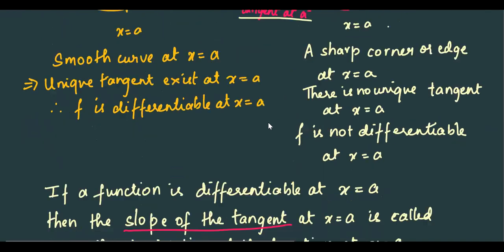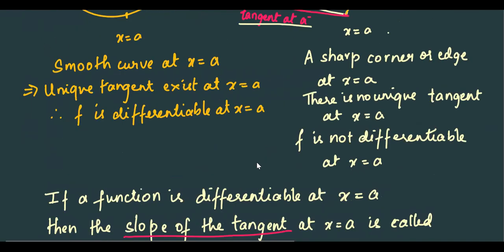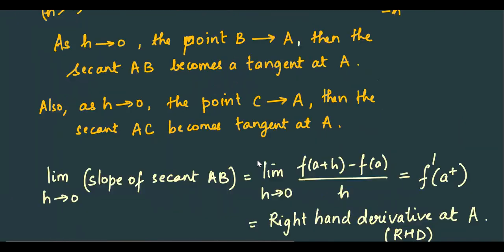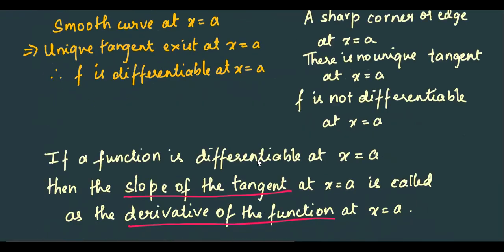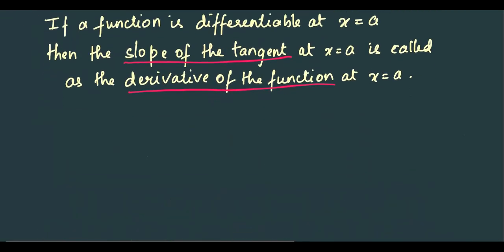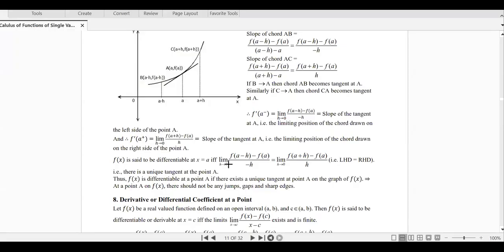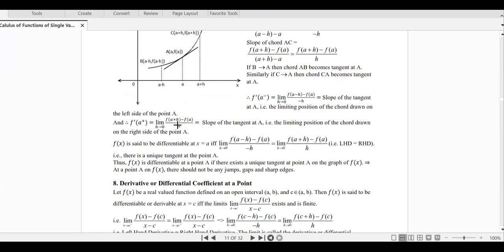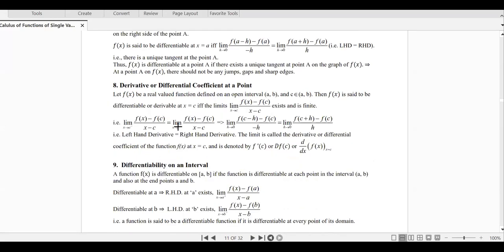All right. So this is about differentiability. I hope it is absolutely clear. So you go through these notes. This is what I have explained here of sharp corners. Now, differential coefficient at a point.